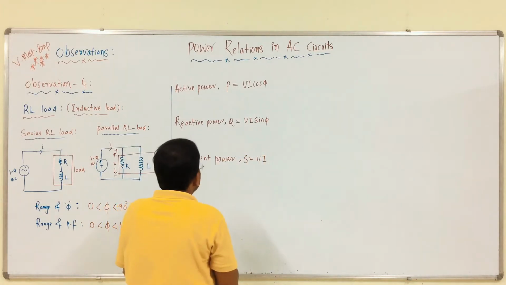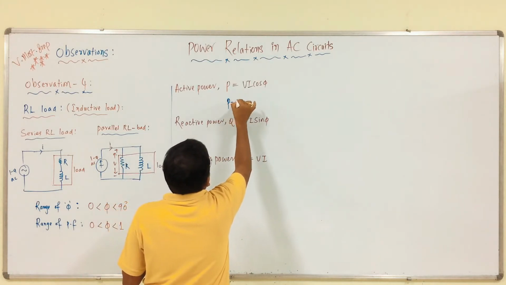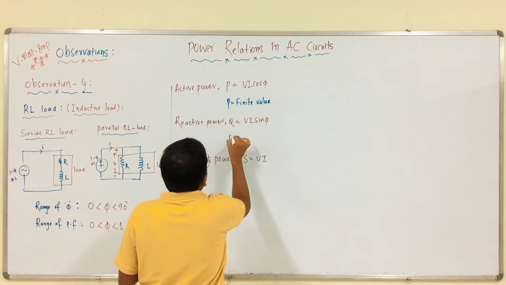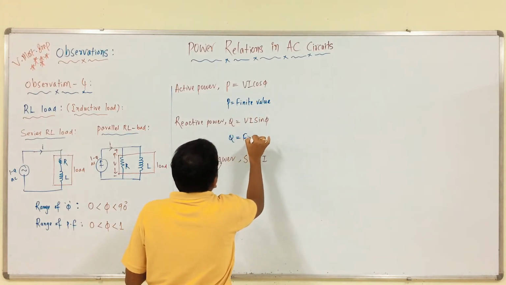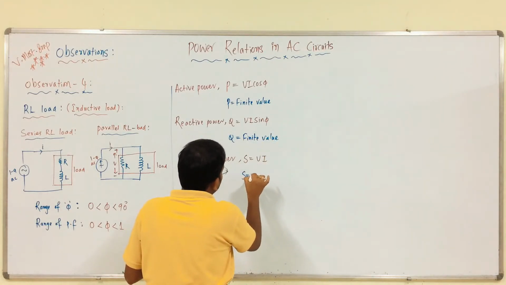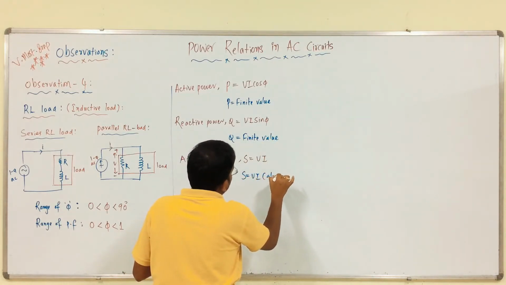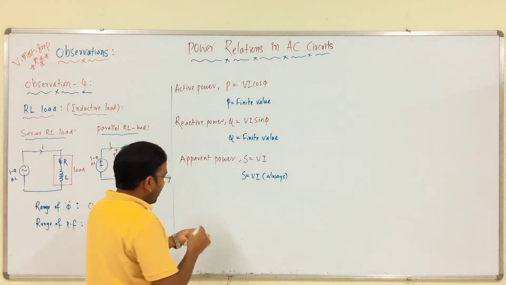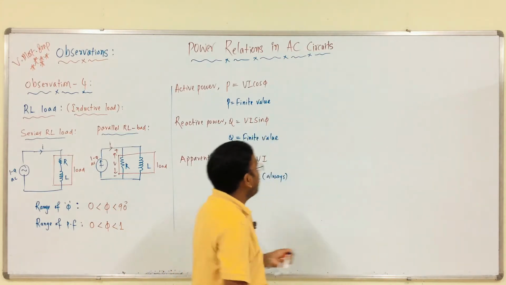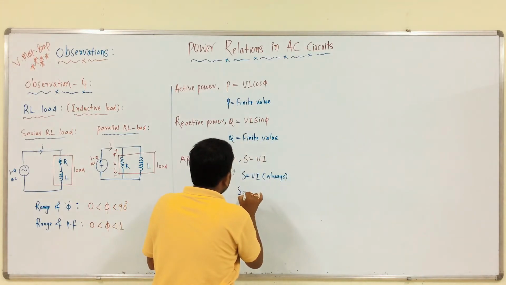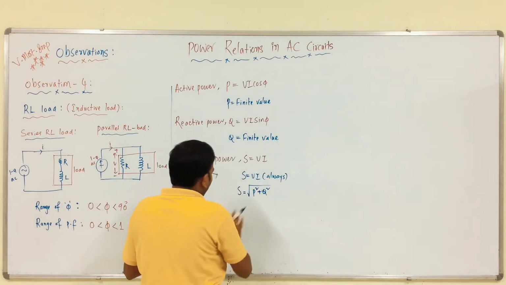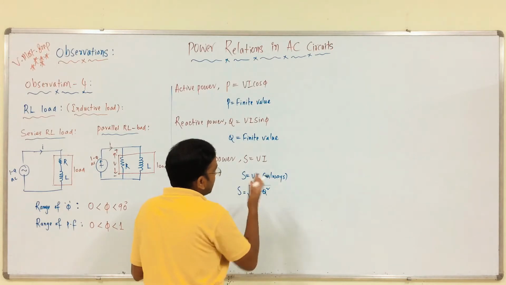So, here P is a finite value, Q is also a finite value, but coming to S, it is always V I. Whatever may be the values of P and Q, S is V into I, the square root of P square plus Q square, which is the product of voltage and current, those are RMS values.